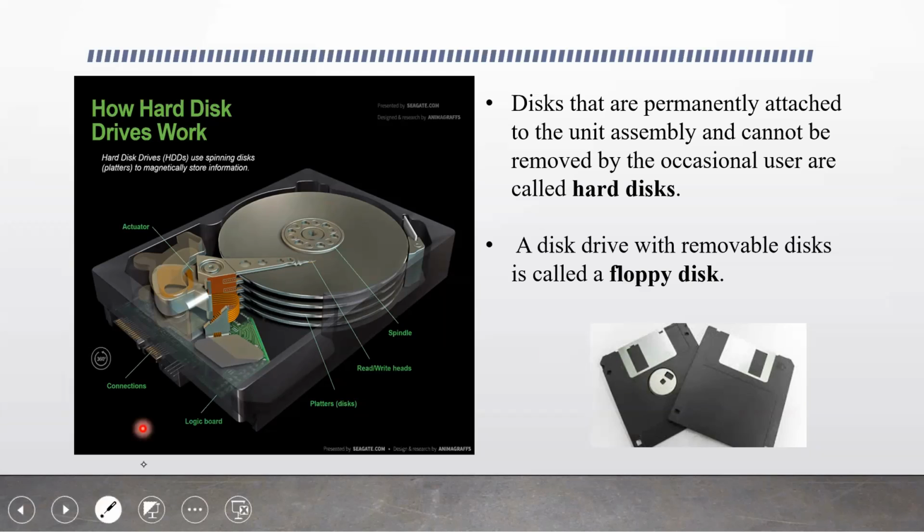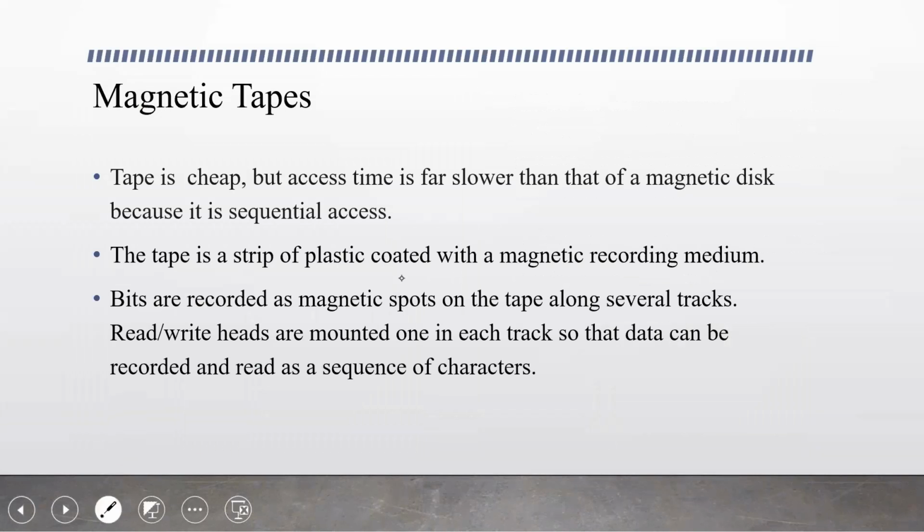The second storage device is magnetic tapes. It is a cheap storage device, but access time is slower than that of magnetic disk. Why is it slower? Because the access here is sequential.